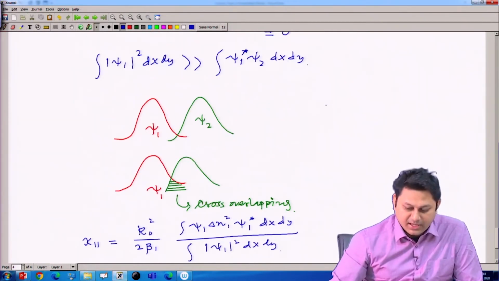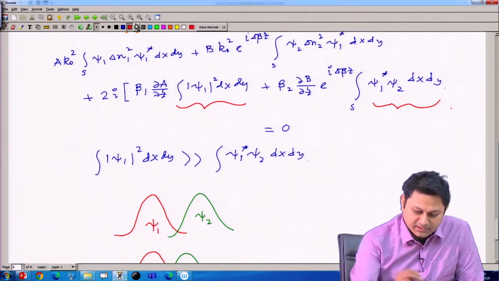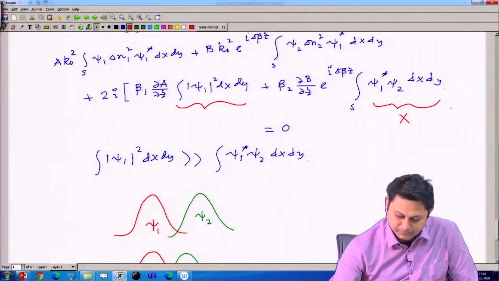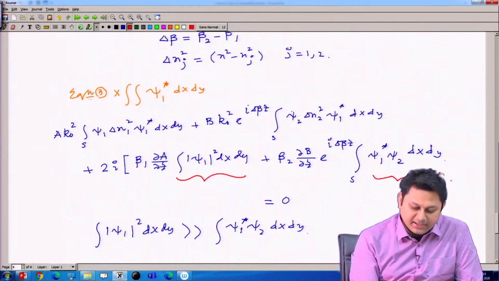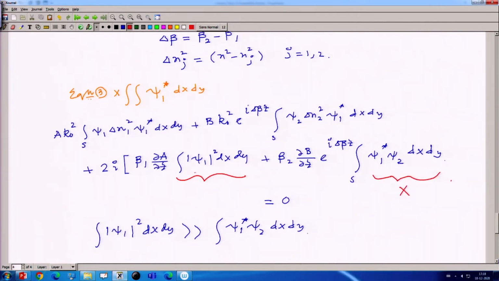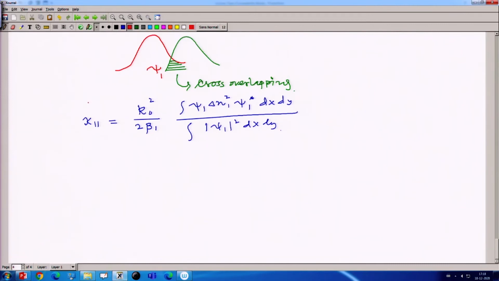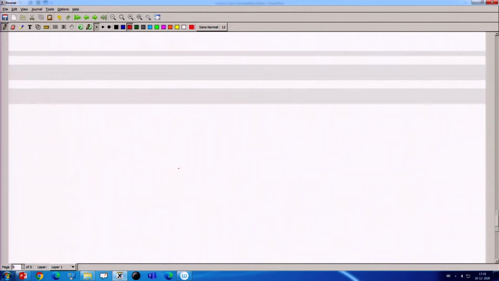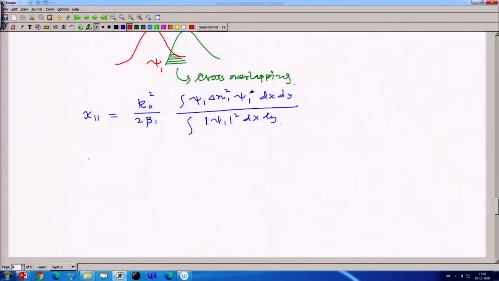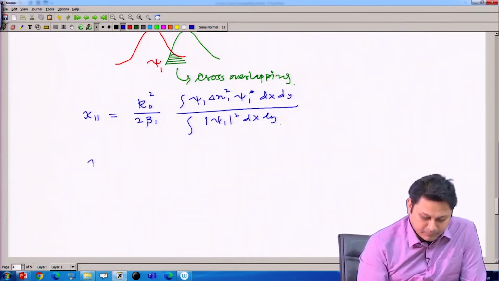So I am going to neglect this term, and then I divide the entire equation with this integral, and also with 2 beta 1. So I can have a term like this. Also I can have another term, say kappa 1 2, as this.